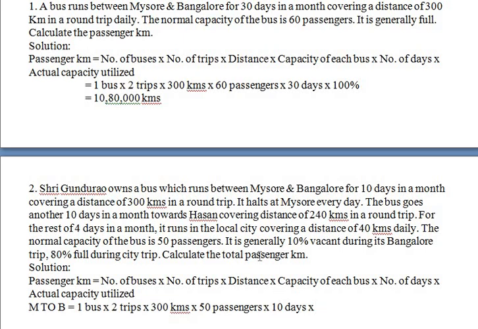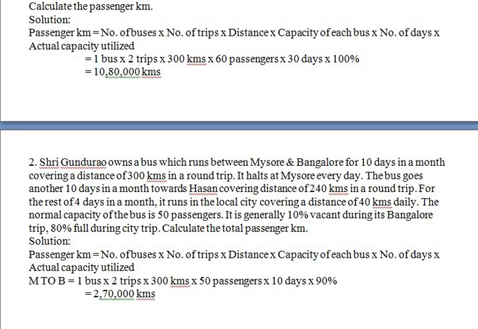Now here they have given it is generally 10% vacant during its Bangalore trip. It means it will be 90% full. Okay. Now calculate this, which will be equal to 2,70,000 kilometers. Okay.